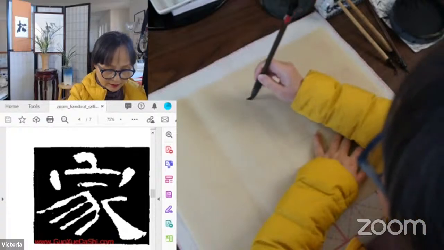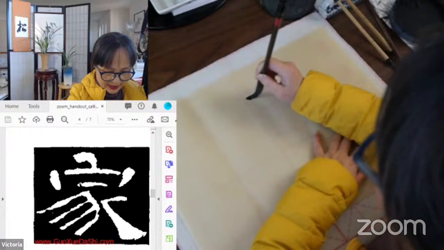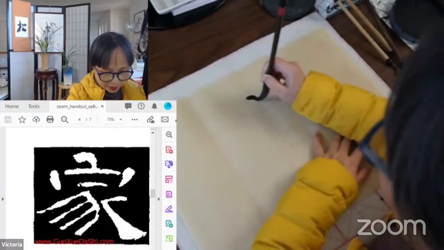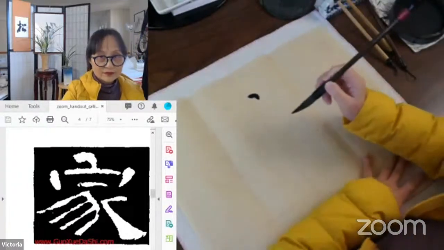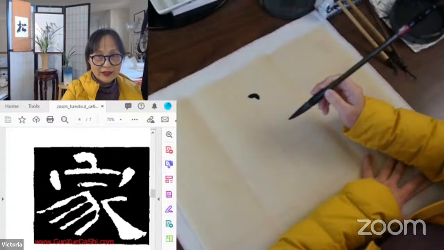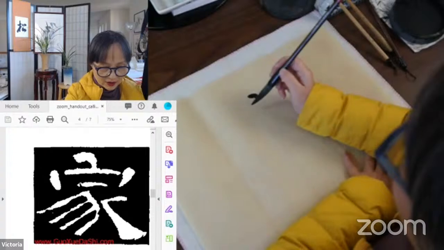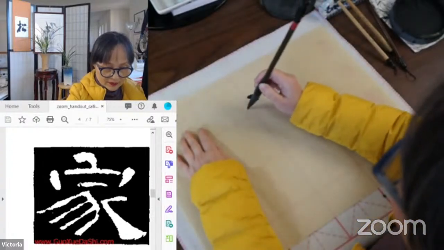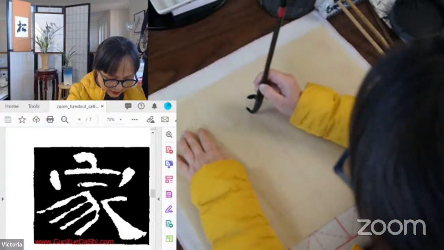Press and slowly pull down. It looks stiff, not a very quick lift, right? Because you are carving, like using a knife. Okay, back, and pull down.